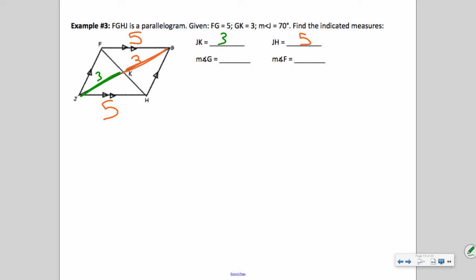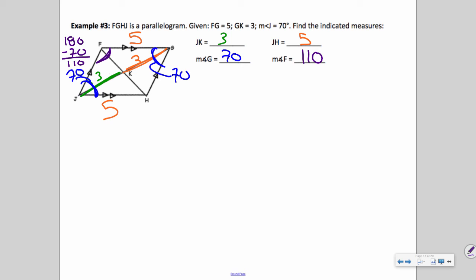So if this side's 3, that side has to be 3. I also know that angle J here is 70, so across from it is another 70, and the angle on the same side of it here is 180 minus that 70 to get 110.